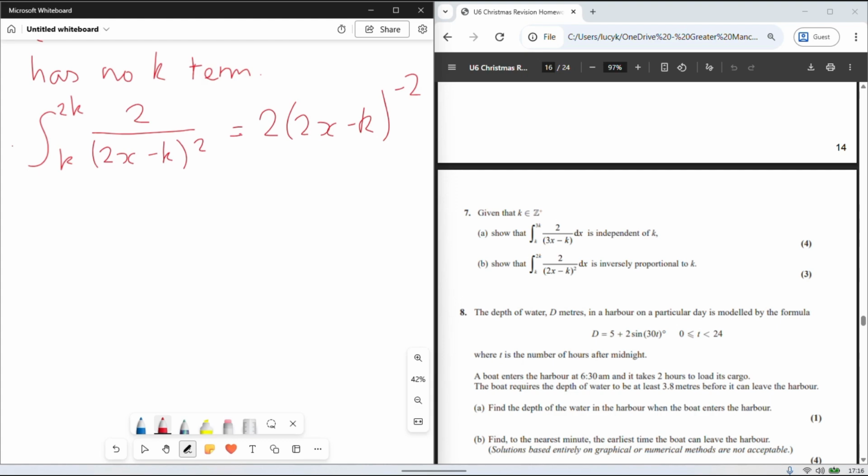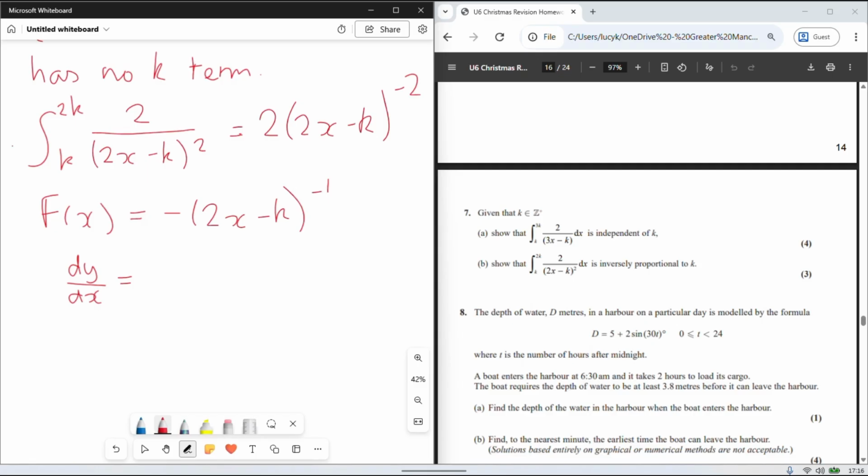So let's think about that. I'm going to try f of x as, so let's deal with our bracket. We're going to raise the power by 1 and then divide by it. So that divided by minus 1 is still minus 1. So that'll be 2x minus k to the power of minus 1. And then I'm going to check with chain rule that I get what I started with.